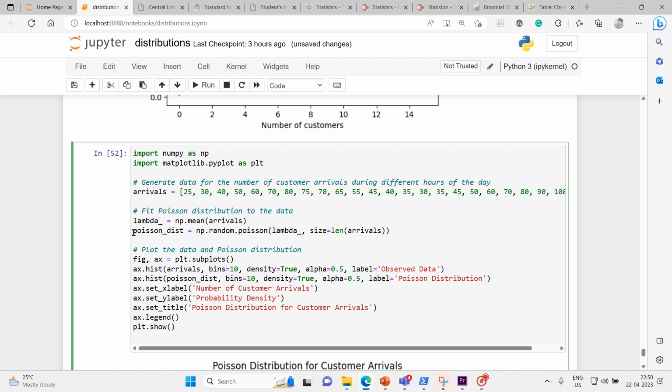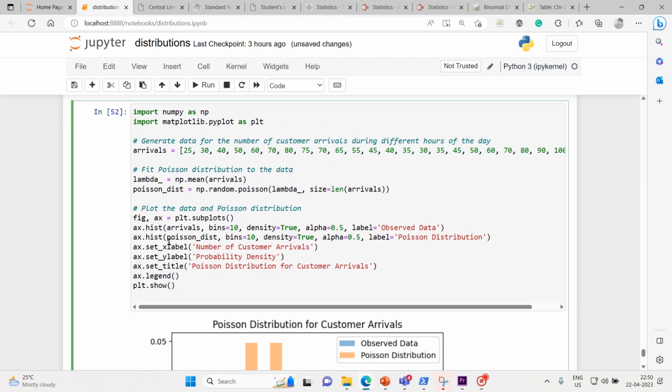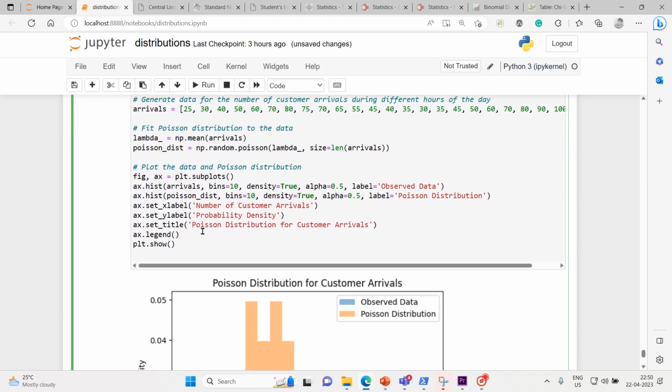Now after that, I have fitted this model into the Poisson distribution. So now we can see the Poisson distribution. So length of arrivals. Let's plot the data and Poisson distribution together. So subplots, and here you can see the observed data, and here you can see the Poisson distribution.